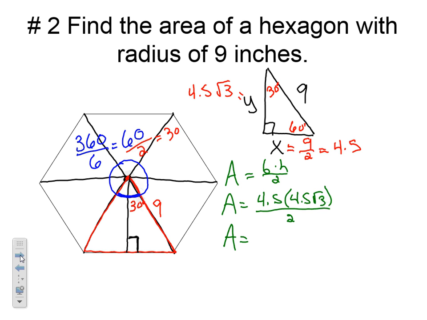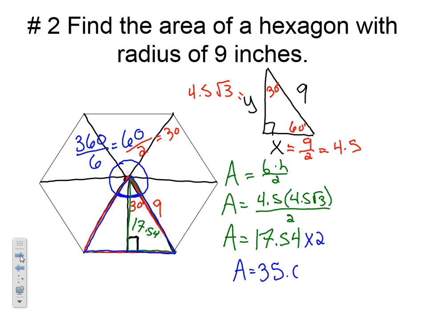So my area of my right triangle, when I type that in, is 17.54. So that is the area of this part of my triangle right here, 17.54. Now if I want my large triangle, I need to take that and multiply it by 2. And then I'm going to get the area, which is 35.08. So my large area of my triangle is 35.08.